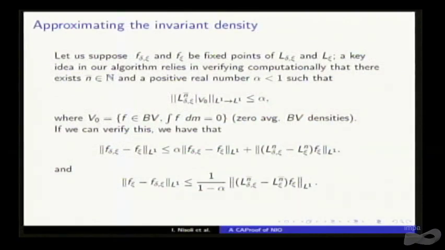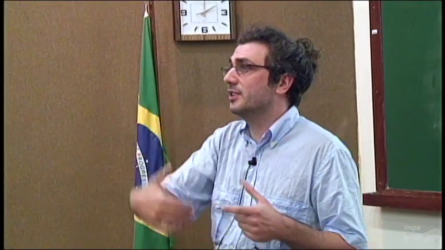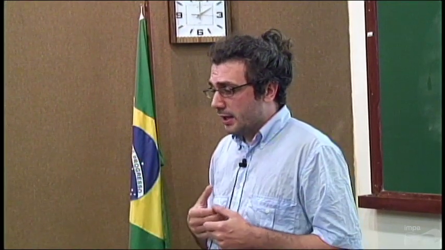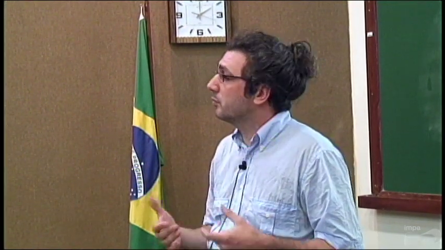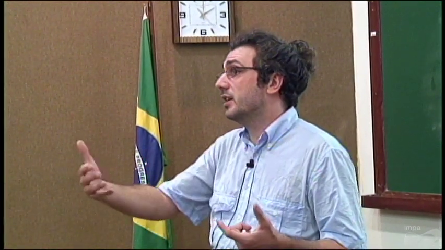There have been many people working on the approximation of invariant measures since the 90s, and one of the issues was exactly to estimate a priori the mixing time of this discretized operator. And in some way we resolved this issue by developing a technique a posteriori.